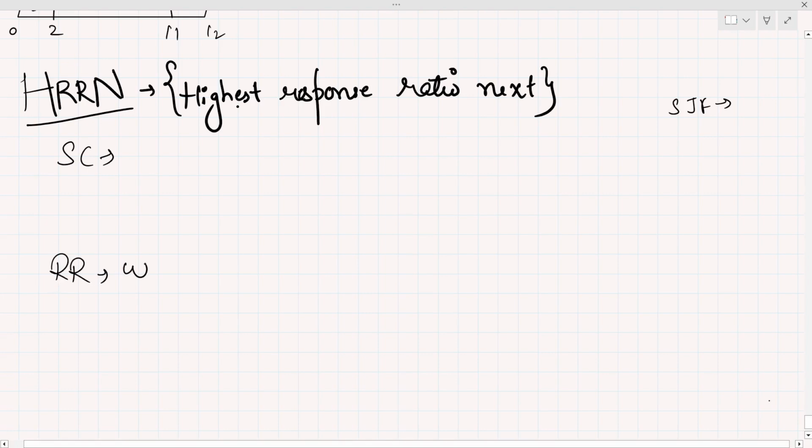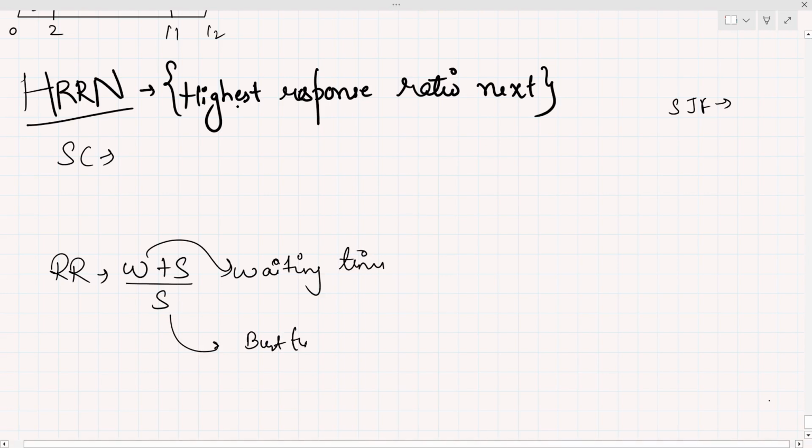Response ratio is (W + S) / S. Now what is W? W denotes the wait time or waiting time, and S here denotes the burst time, and sometimes it is written in a question as service time. Service time and burst time are basically the same thing.